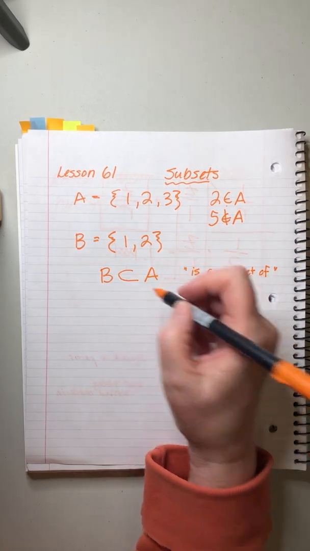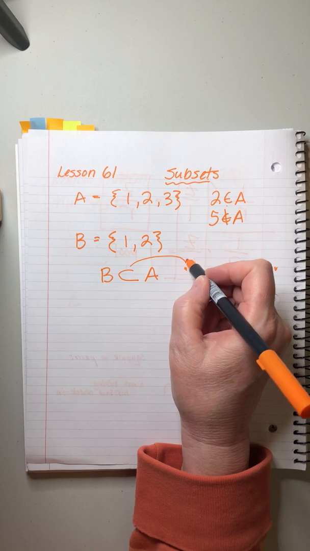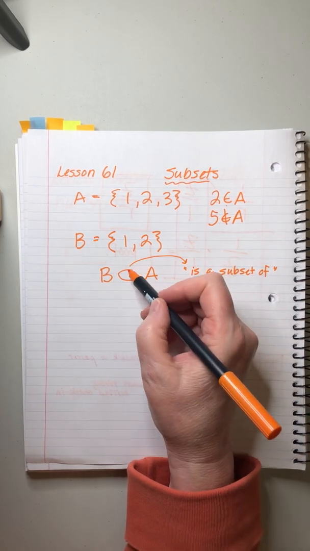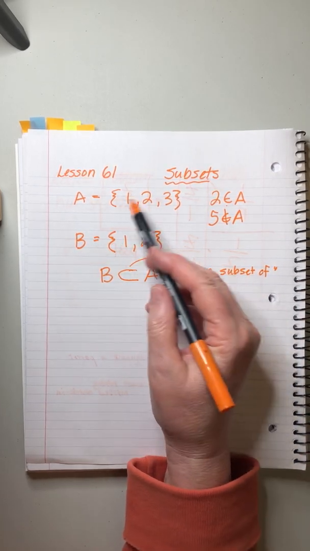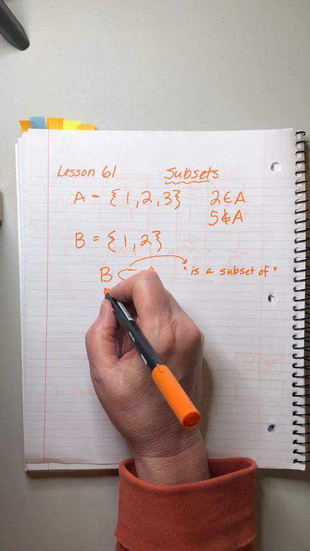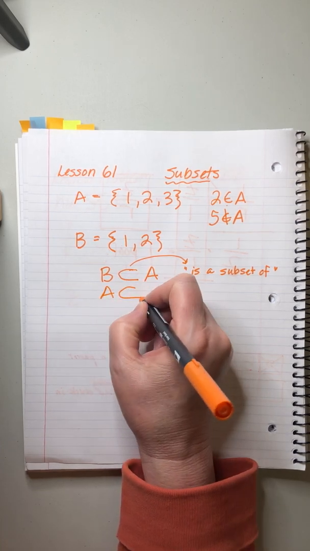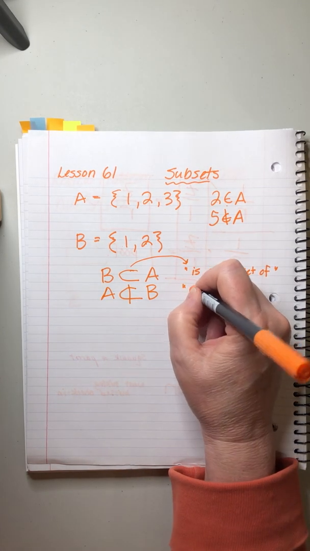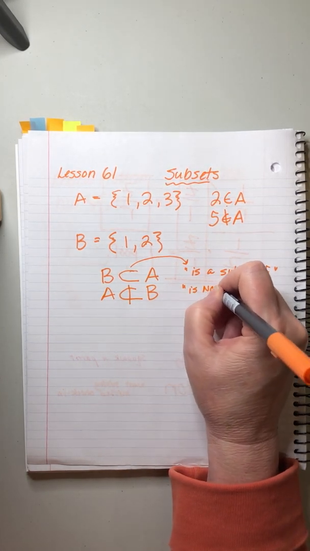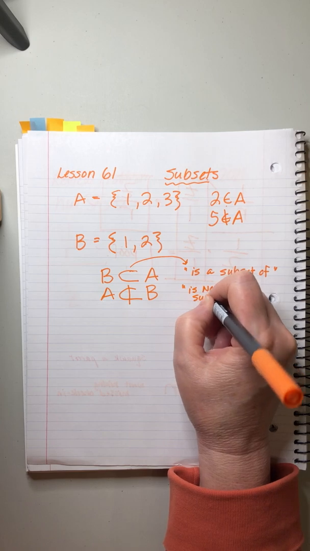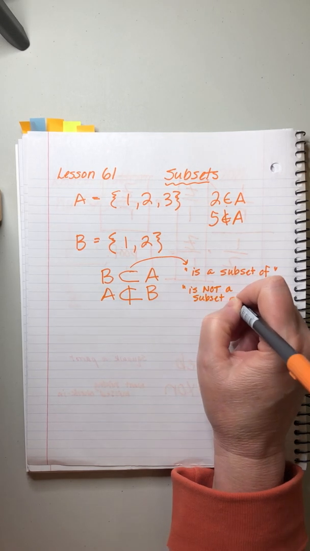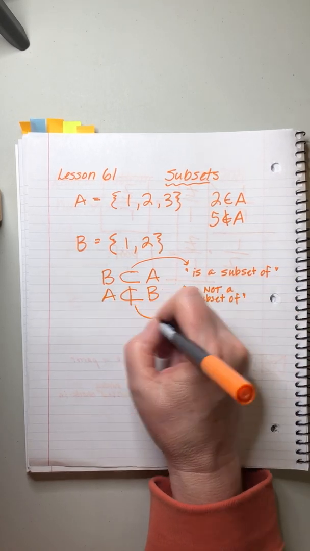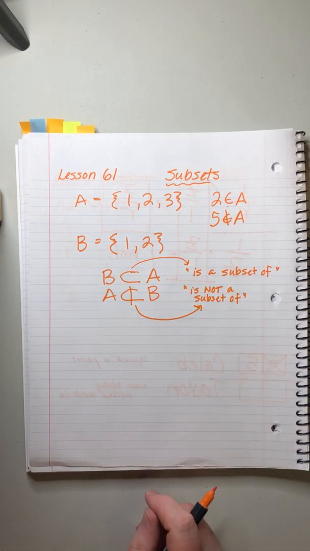That's what this sideways U thing means. So B is a subset of A because every member of B is also in A, but A is not a subset of B. Is not a subset of, right? With the slash out. You get it. It's cool.